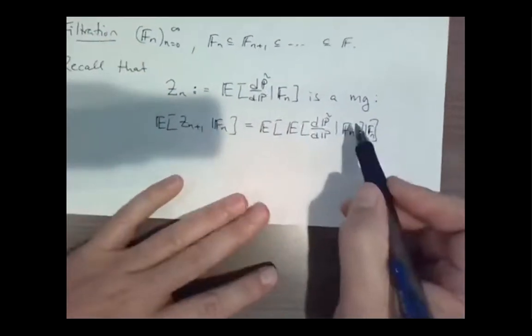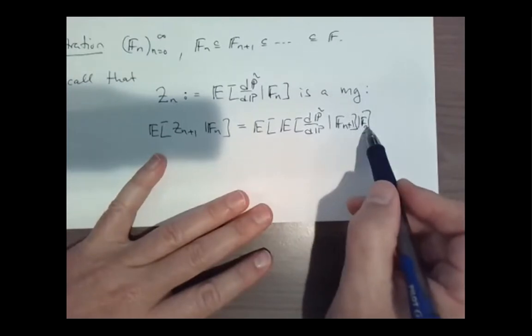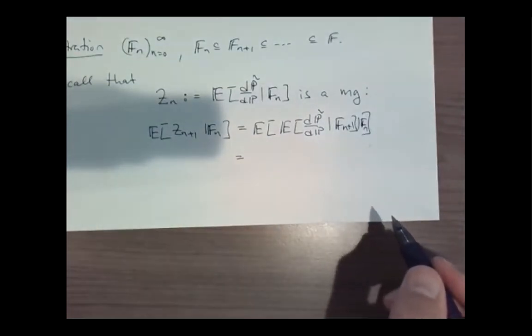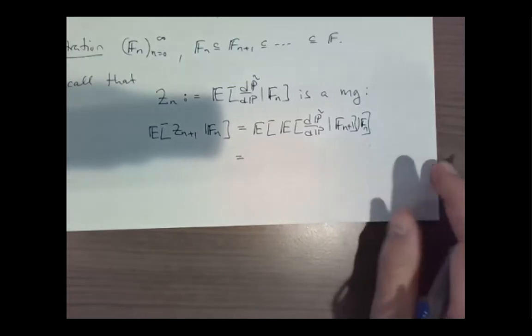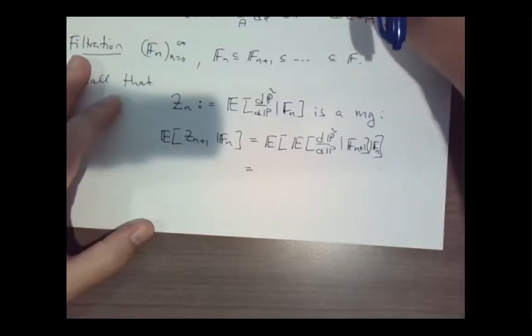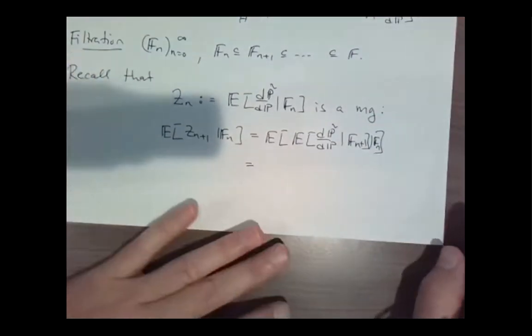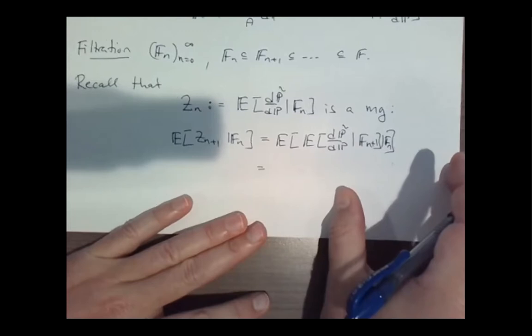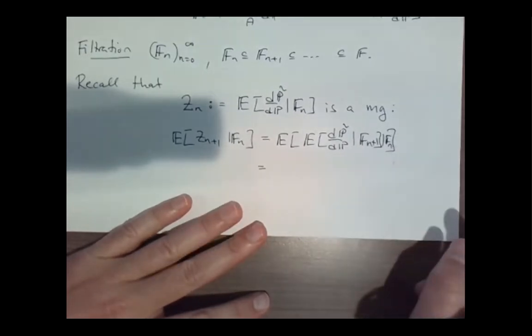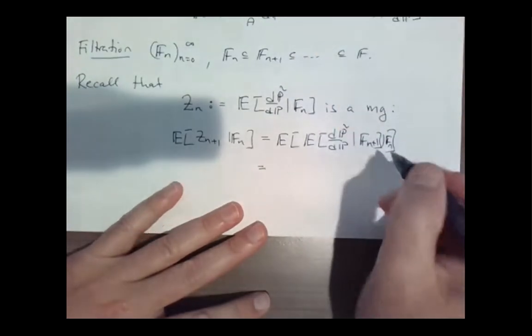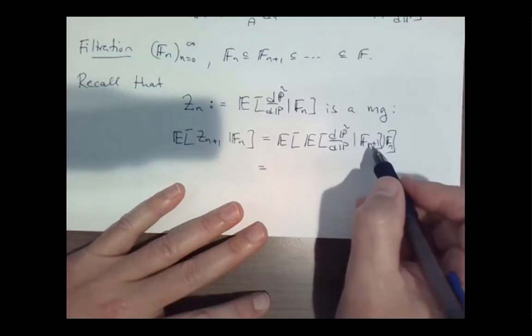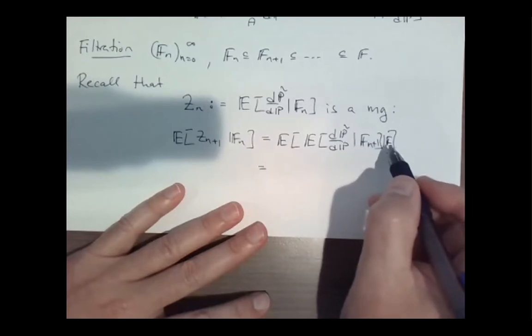And so now I have the situation where I have Fn and Fn plus 1, these sitting next to each other. Which one wins, the bigger one or the smaller one? When I compute the conditional expectation of a conditional expectation, and I know that Fn is smaller than Fn plus 1, which of these two conditional expectations will win?